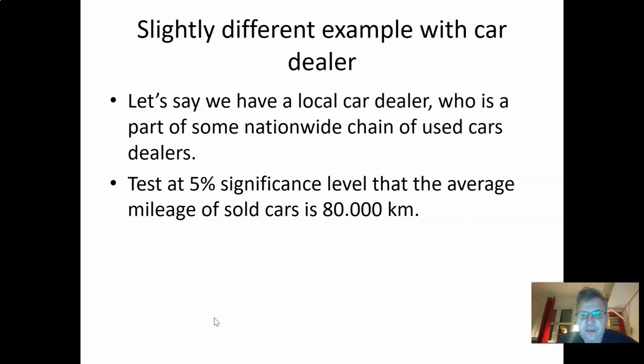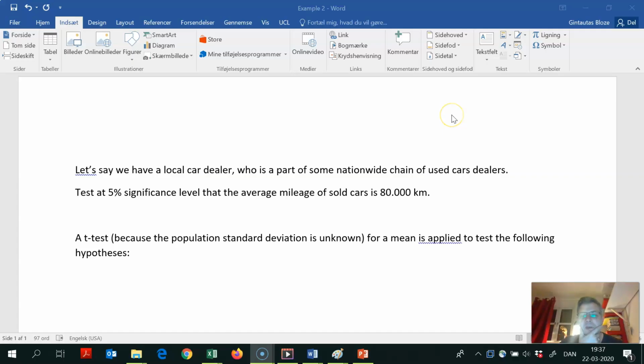kilometers. The first thing here is to state the null hypothesis and the alternative hypothesis. And we have three options in this case; which one is the right one? If you look at this hypothesis test, we have a situation where we want to test if the average mileage of sold cars is 80,000 kilometers.